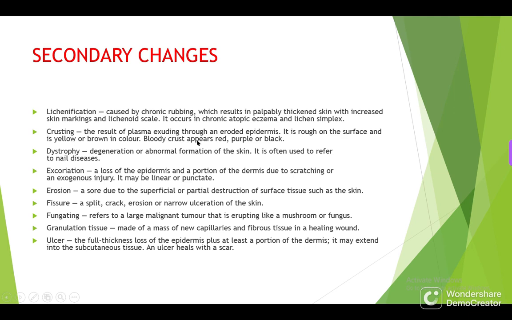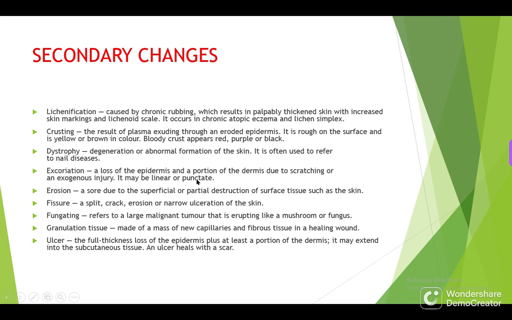Bloody crust appears red, purple, or black. Dystrophy means degeneration or abnormal formation of the skin. It is often used to refer to the nails, dystrophic nails. Excoriation is the loss of the epidermis and a portion of the dermis due to scratching or exogenous injury, for example acid poured on the skin.